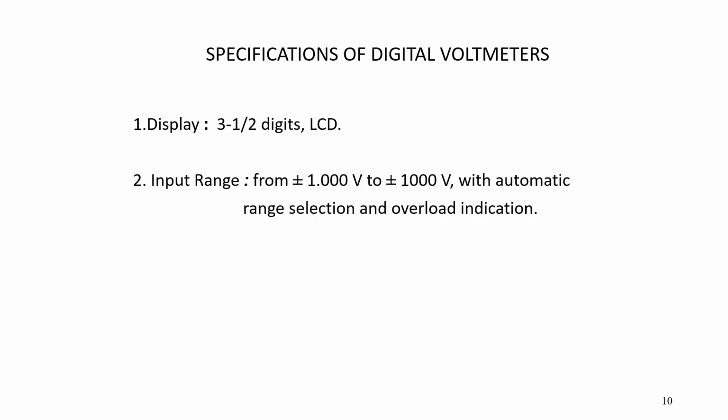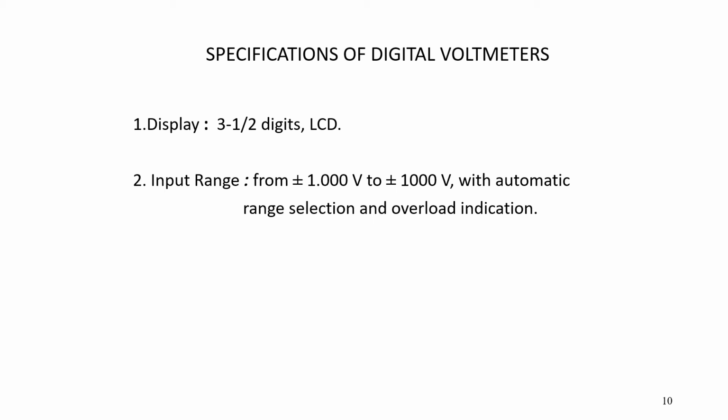So the specifications of a digital voltmeter are the display, that is whether it is a 3.5 digit display or a 4.5 digit display, and whether we are using an LCD display or any other display. Next is the input range, that is the voltage range which it is capable of measuring.